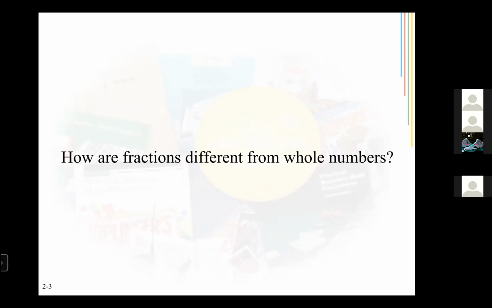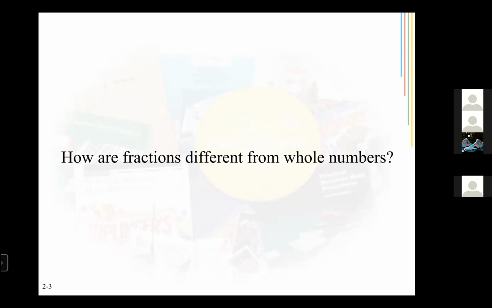A fraction possesses a numerator and a denominator. Okay, so we use the terms numerator and denominator. And what is a numerator? What is a denominator? The numerator would be the top number, and the denominator would be the bottom figure. Okay, so the numerator will represent the portion, and the denominator would represent the whole.